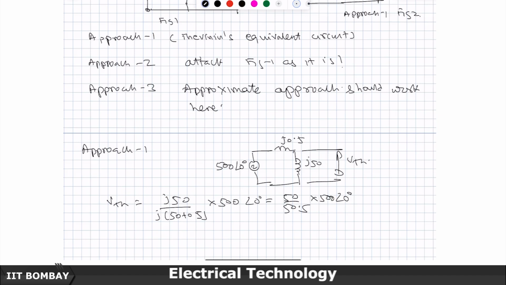Let us just check it once. So, I have 50 divided by 50.5 into 500, which is 495.05 volts.